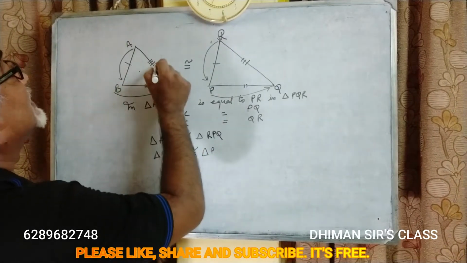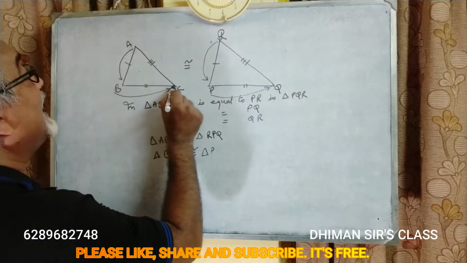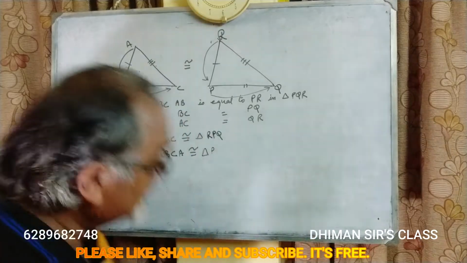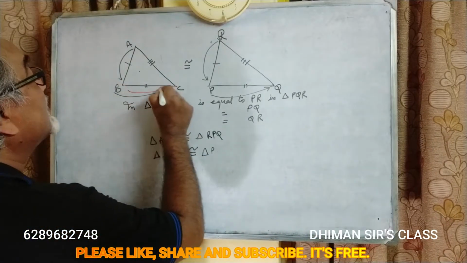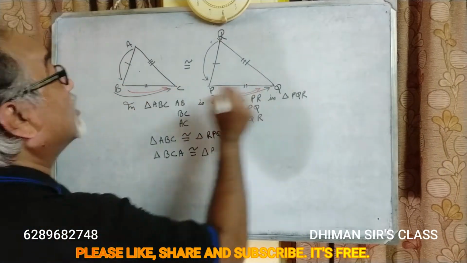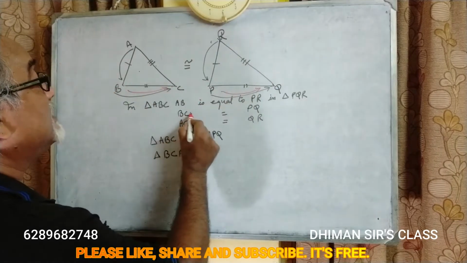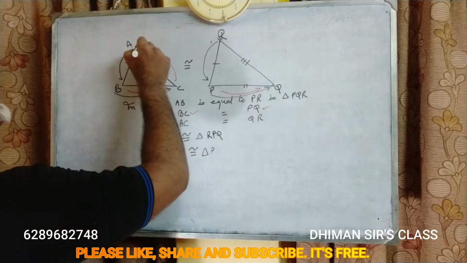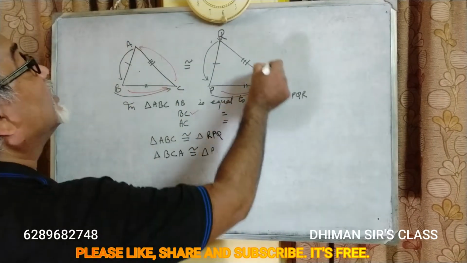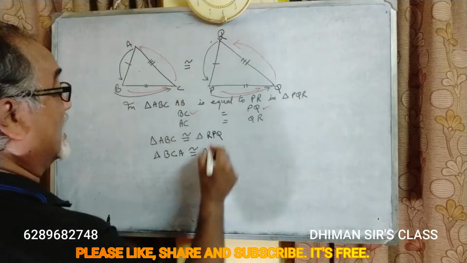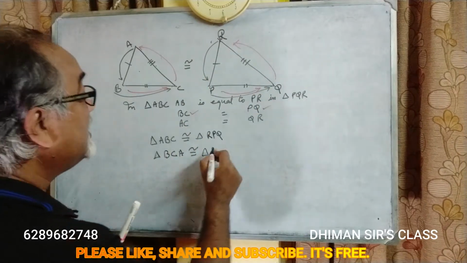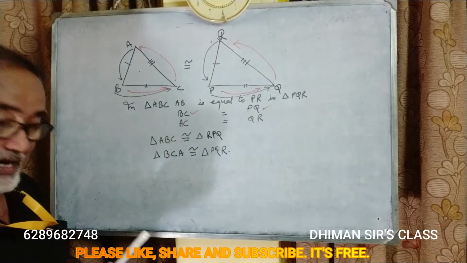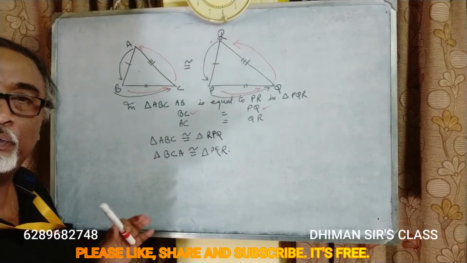From this side to this side we are moving. Here also, this side to this side, because BC is equal to PQ. Then BCA, CA and CA is equal to QR. So it will be PQR. I hope I could make it clear to all of you.